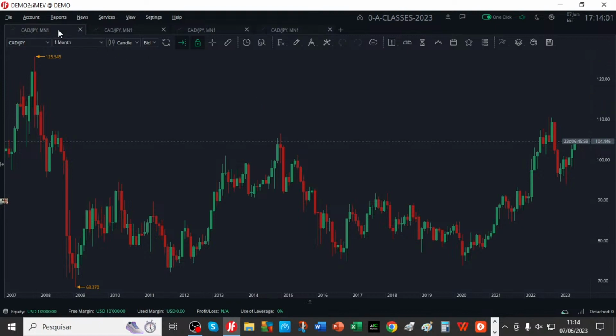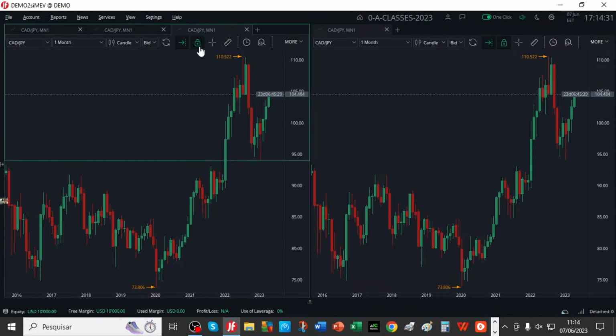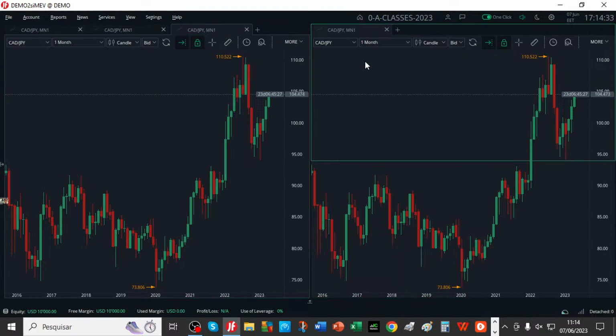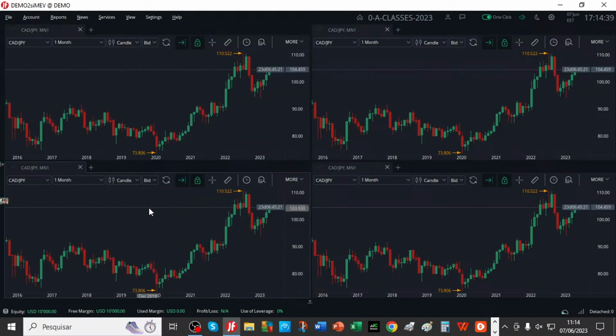I have 4 charts, right? 1, 2, 3, 4. Alright. Now I'm going to left click and I'm going to move it. Can you see that something is happening with the screen? It's giving you green vertical lines, rectangles. So I'm moving it and I'm going to put it on the right. And then I'm going to click on the next one and move it here again. And I'm going to click on the next one and move it down in here.